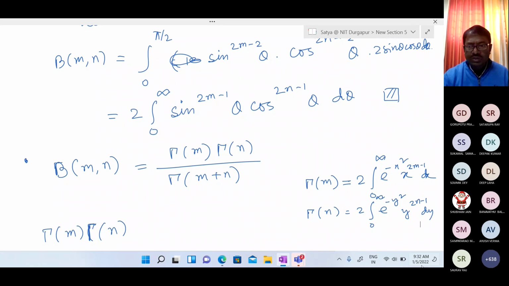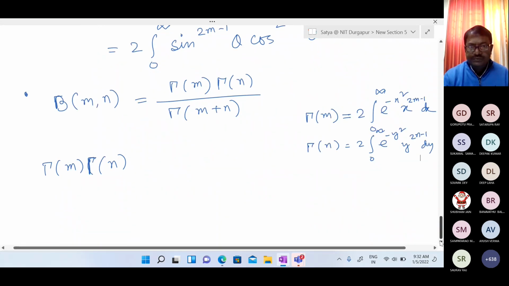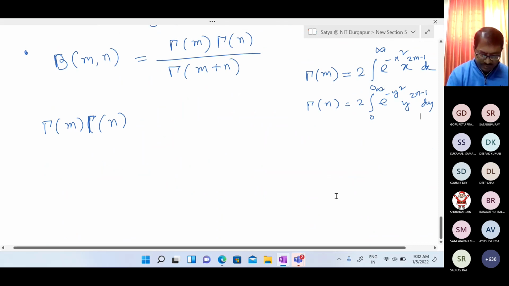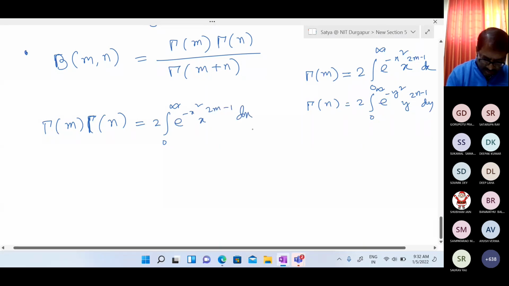We are using a different notation only. We put these two here, so gamma m into gamma n equal to, multiplying these two directly, 2 integration over 0 to infinity e to the power minus x square x to the power 2m minus 1 dx, into 2 integration 0 to infinity e to the power minus y square y to the power 2n minus 1 dy.